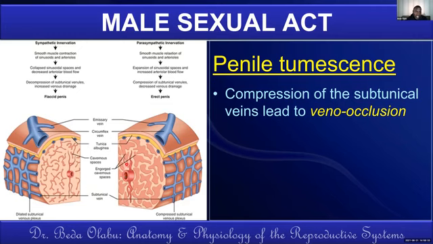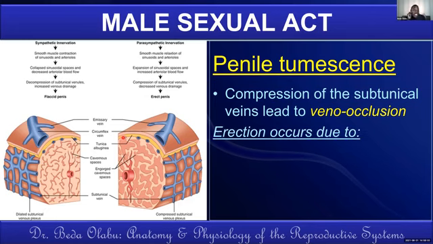That makes the erectile tissue expand. The expansion of the erectile tissue compresses the subtunical veins. The compression of the subtunical veins prevents venous drainage from the penis because those subtunical veins take blood from the erectile tissues outside from the penis. So if they are compressed, it means that blood cannot come out from the penis easily.